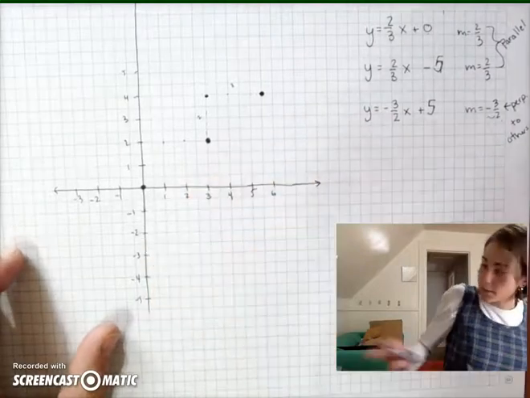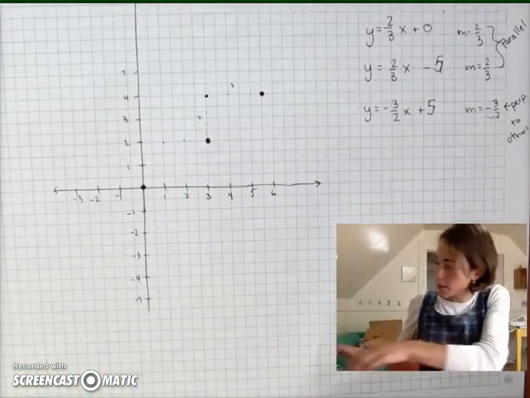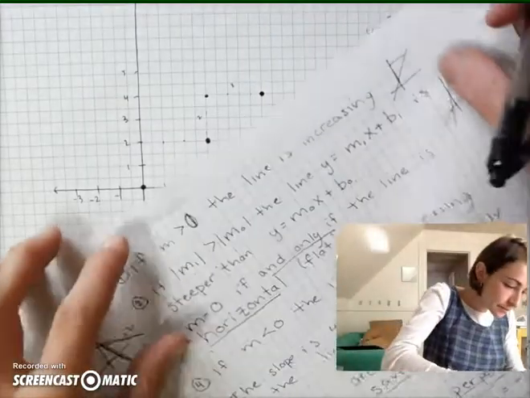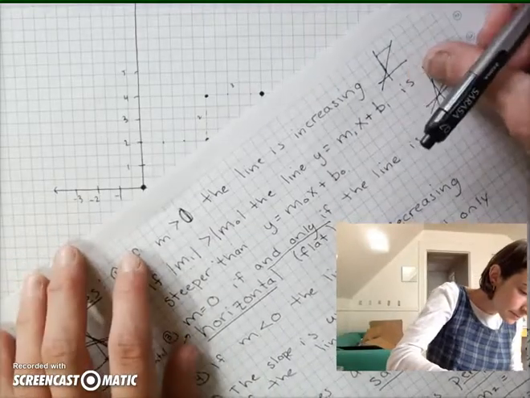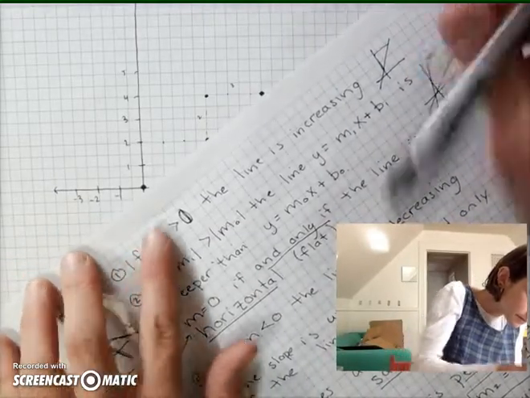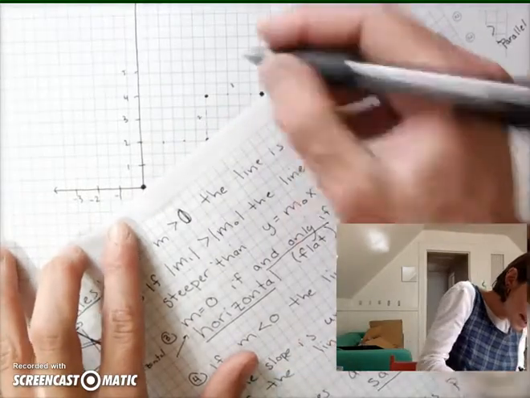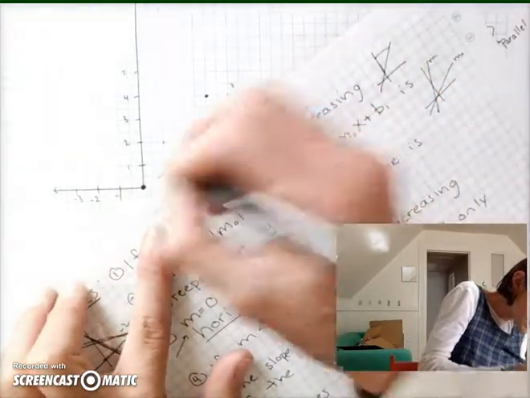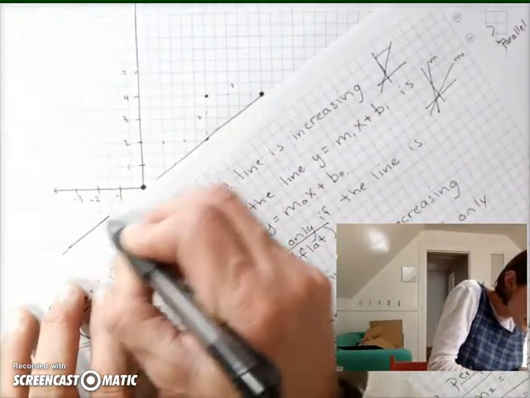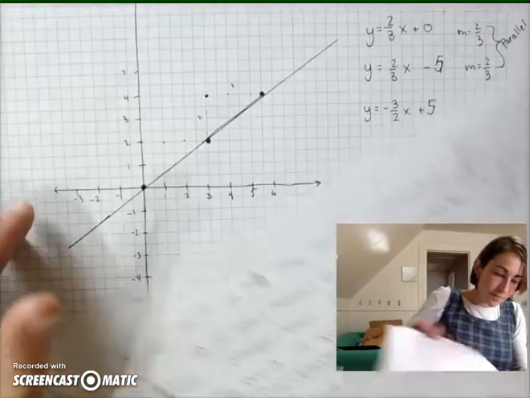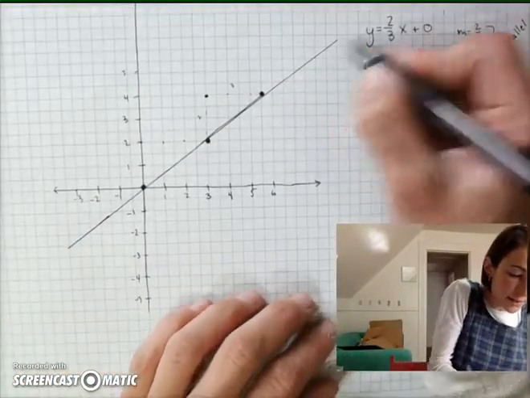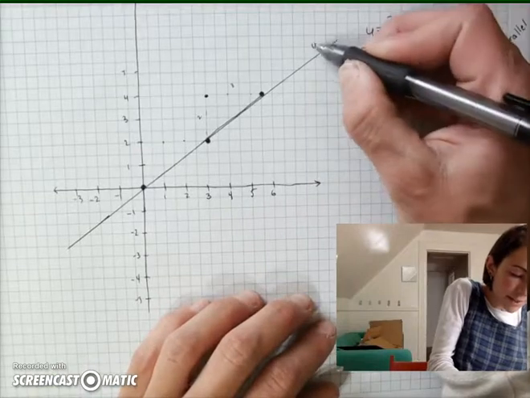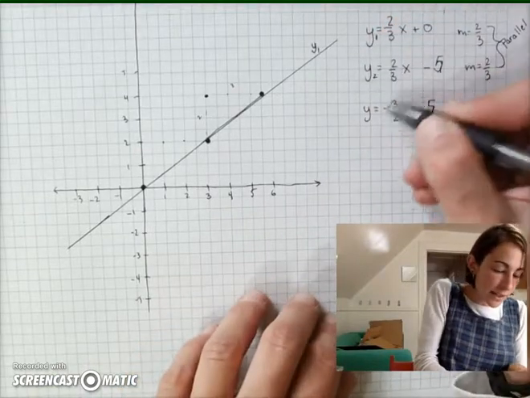So now let's connect this up using a straight line. Do my best here. And that's the line. Let's call this one y1.